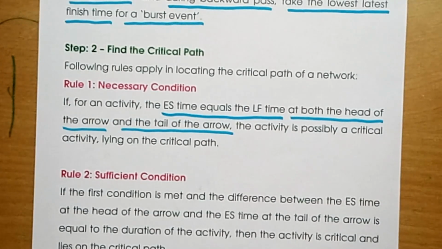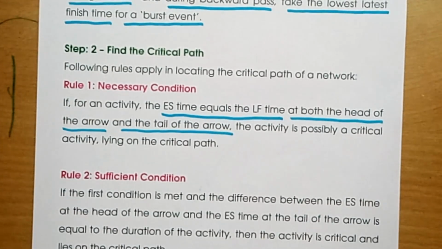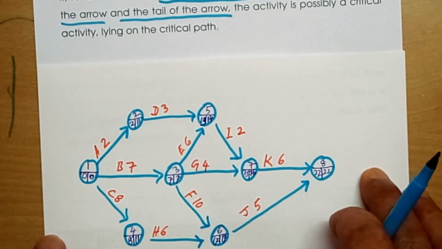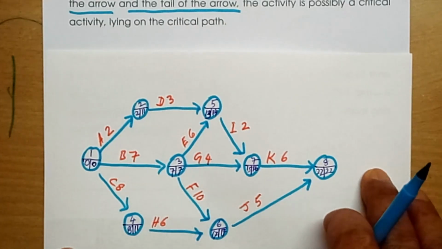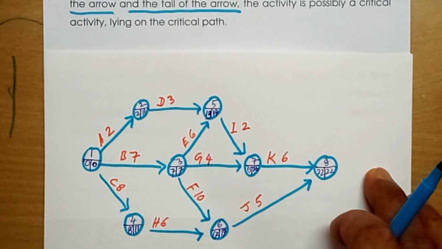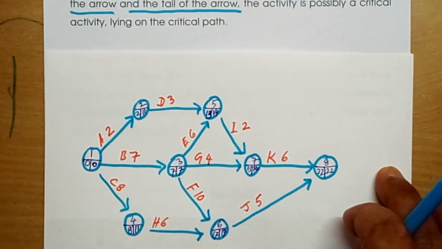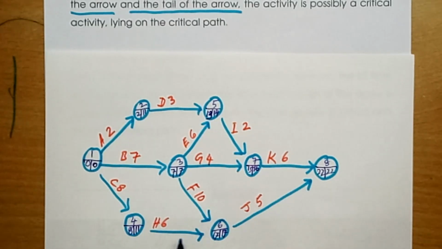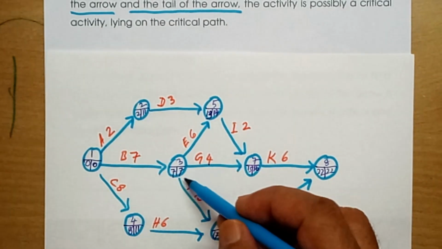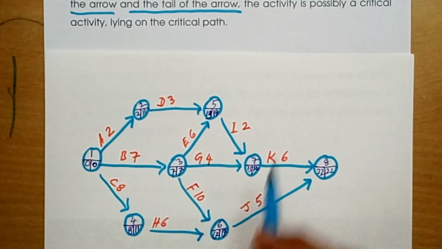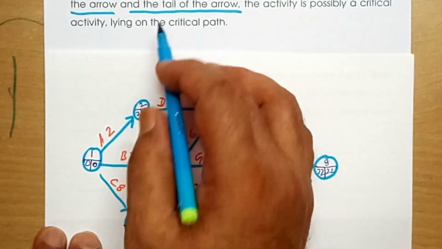Let us see this in the diagram. The first condition is that earliest start time equals latest finish time at both the head and the tail of the arrow.